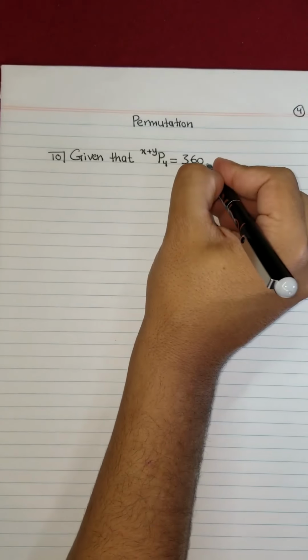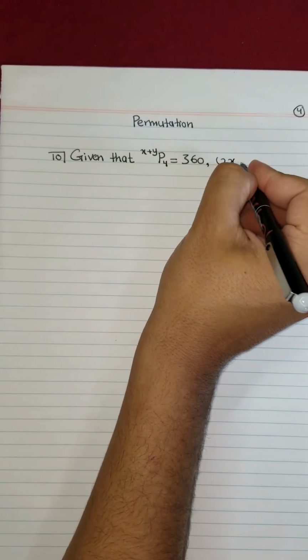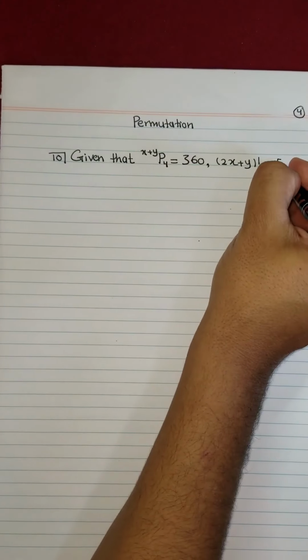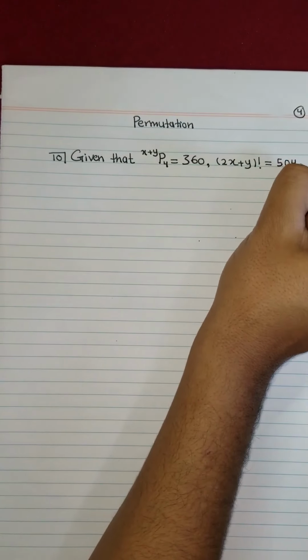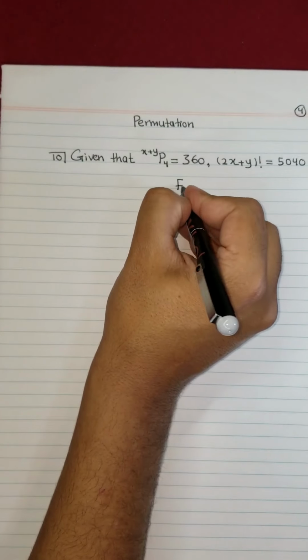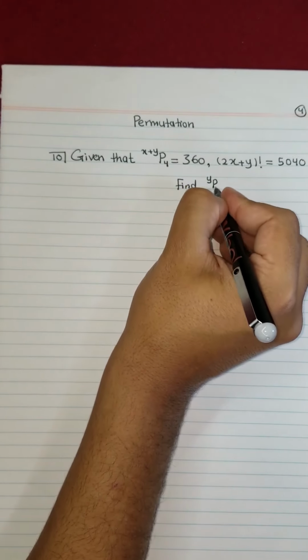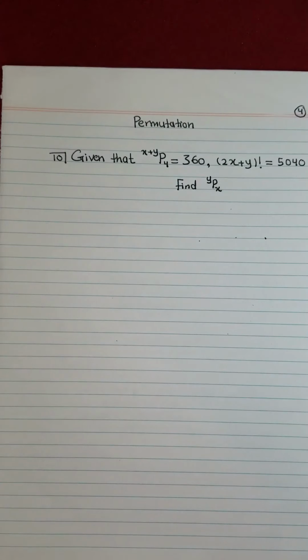And we have another thing. It's also given that 2x plus y factorial equals 5,040. So what is the question then? The question is asking us to find y permutation x.